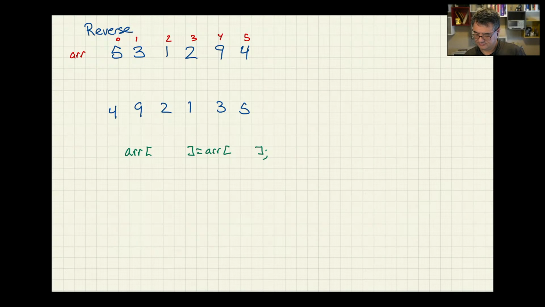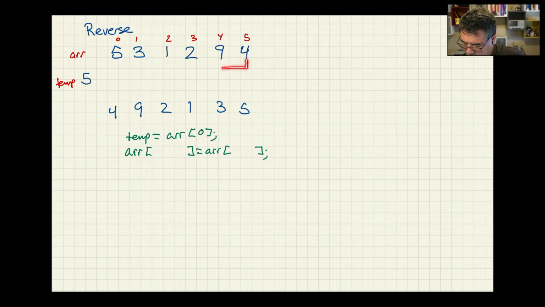So we can't just simply put array 0 gets array 5, because that's going to overwrite one of them. So we're going to have to take array element 0 and just move it aside temporarily. Okay, so we'll create this temp variable, and it's got the number 5.